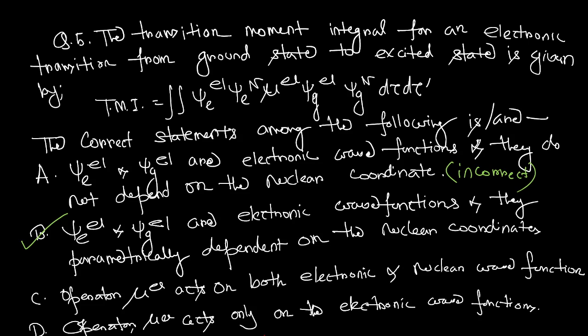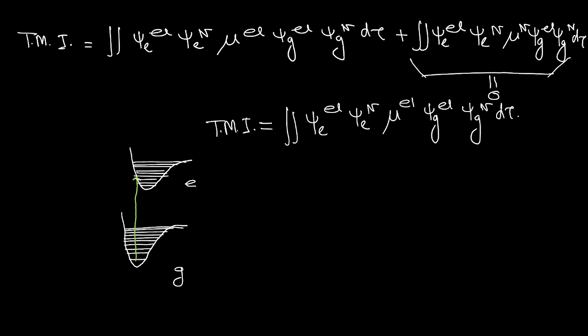If we derive it a little bit, we write it in both nuclear and electronic parts. It's actually not just d tau dash, you can also add, because this is a double integral, one over the electronic part and one over the nuclear part.